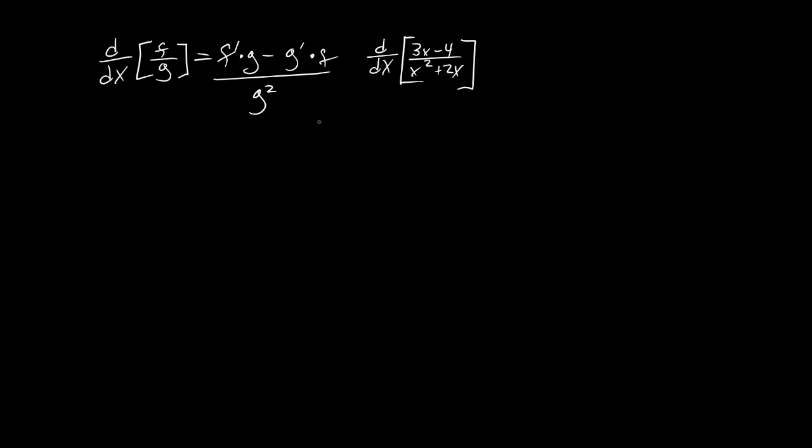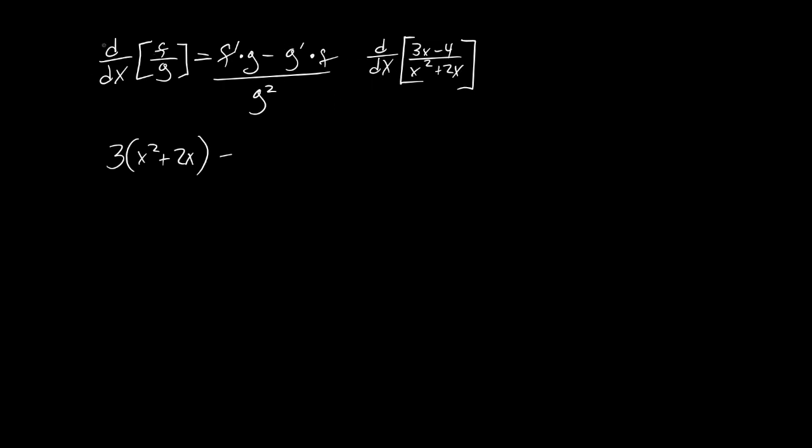Negative 4 doesn't have a derivative because it's a constant, but 3x does. The derivative of 3x is 3. And we're just going to put g, which is x to the power of 2 plus 2x, close parenthesis, and voila, we finished this. We put the subtraction sign, and then we're going to g prime.